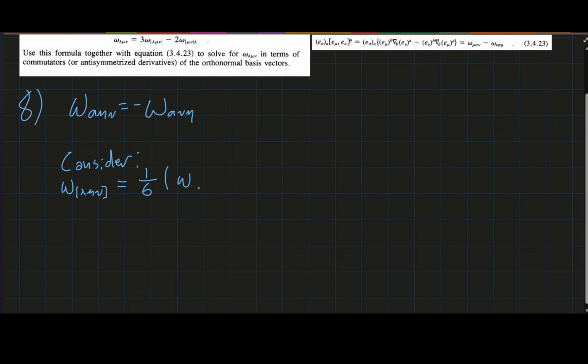Omega lambda mu nu minus omega lambda nu mu plus omega nu lambda mu minus omega nu mu lambda plus omega mu nu lambda minus omega mu lambda nu. So that's all the permutations of the indices. Oops, and this should be a circular bracket, not square.